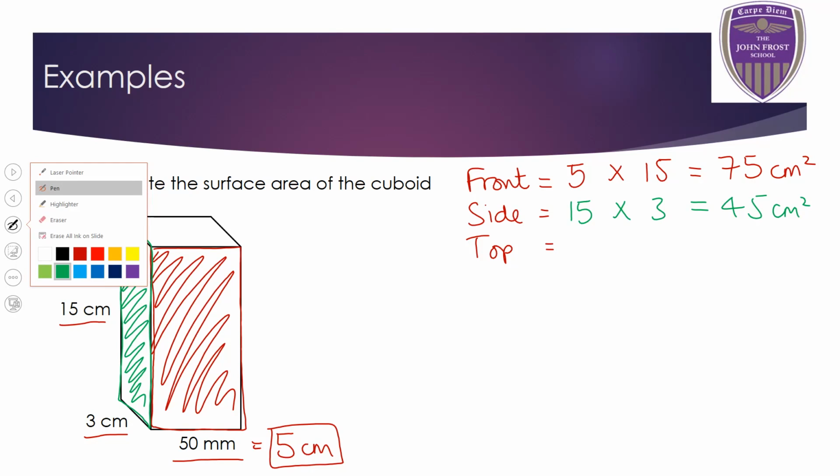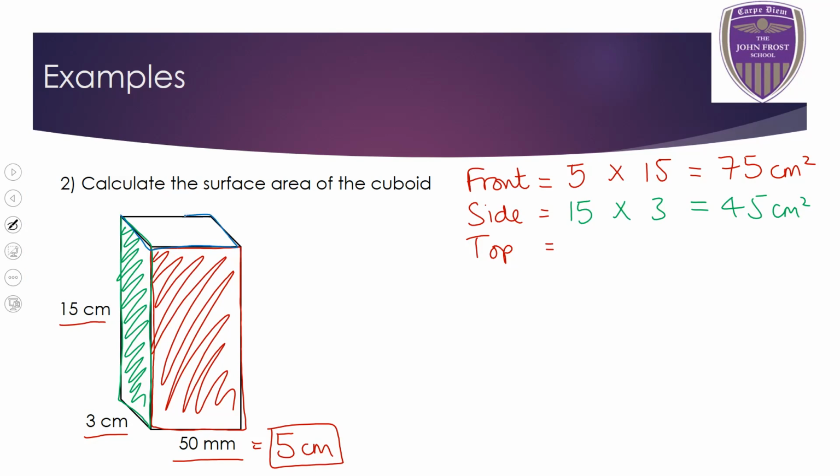And then the top is the section that we haven't done yet. So the blue part that I'm shading now, look. So this side must be 5, this side must be 3. So 5 times 3, 15 centimeters squared. Okay, and if you're doing it this way, make sure you don't forget now about multiplying by 2. Okay, because what we're going to do is add these numbers together, and then we know whatever that answer is, it's the same answer again for the back and for the other side that we haven't done yet, and for the bottom.